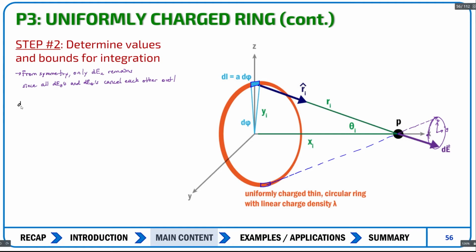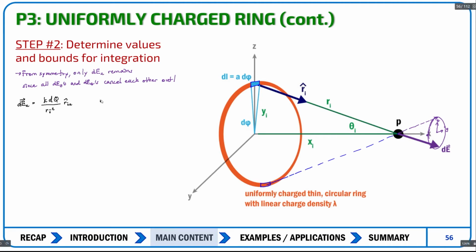So now let's try and figure out dEx. It's going to be k dq, just like before, over some Ri squared in the Ri hat direction. And specifically, it's dEx, so it's in the Rix hat direction. So we can use what we've learned before.